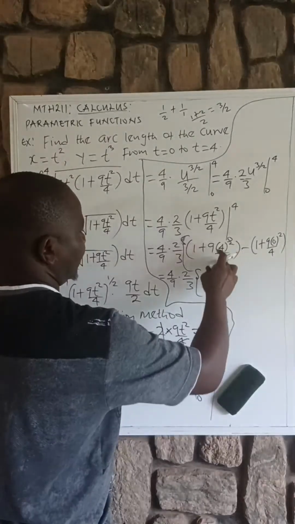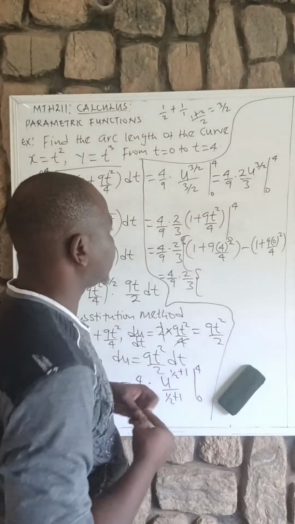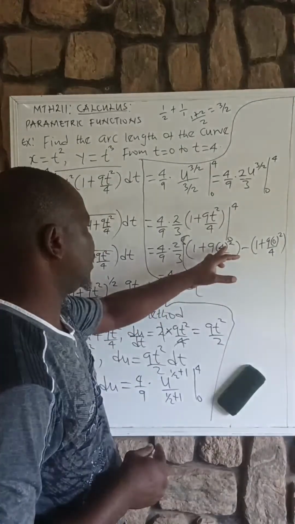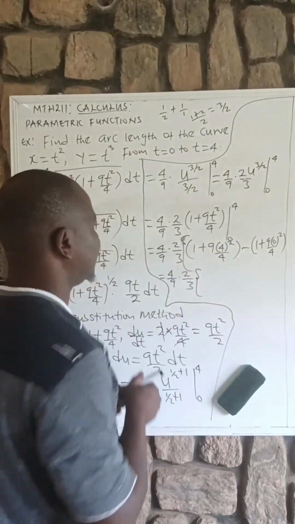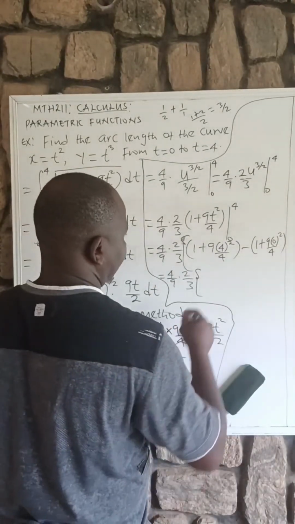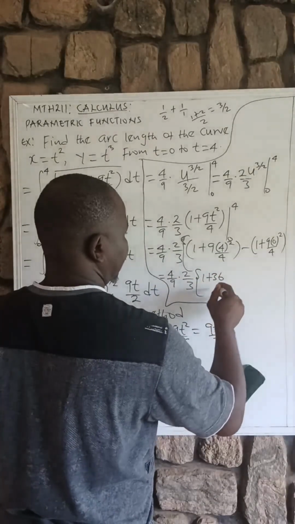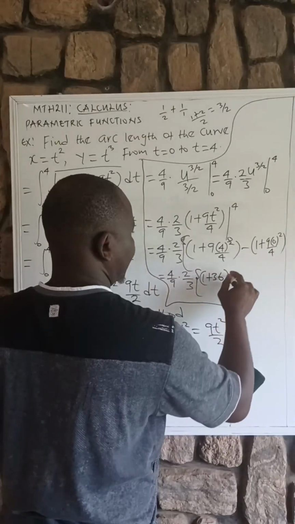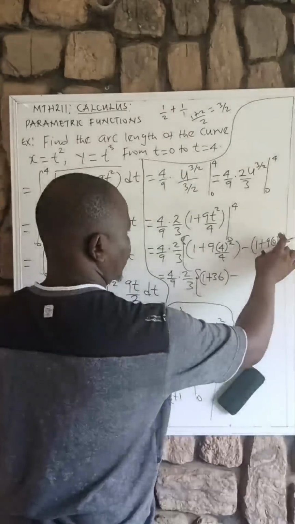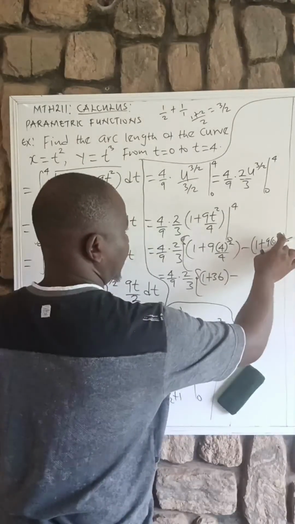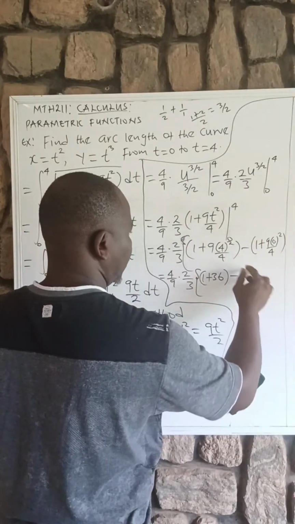Here we are going to have what? 4 squared is 16, divided by 4 is 4, 4 times 9 is 36. So here will be 1 plus 36. Then minus, here will be 0, so there will be 1.